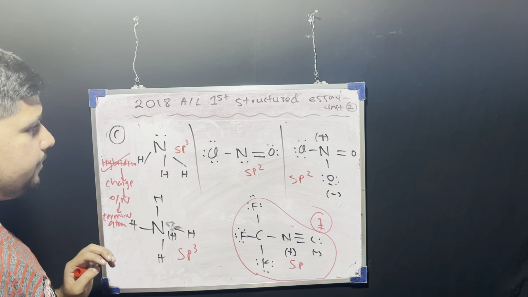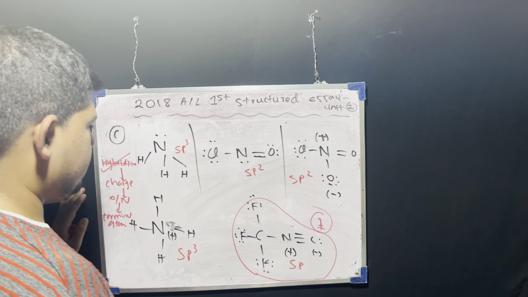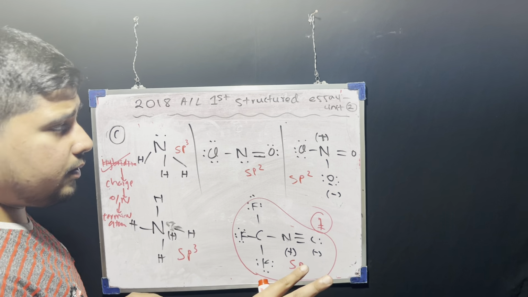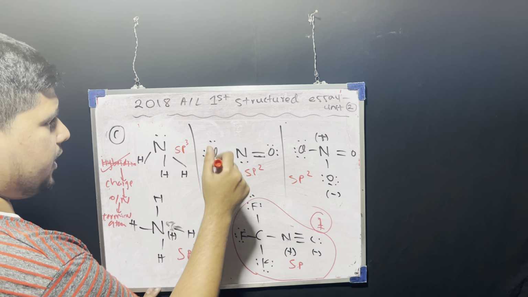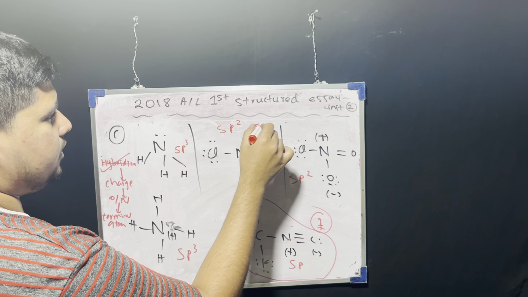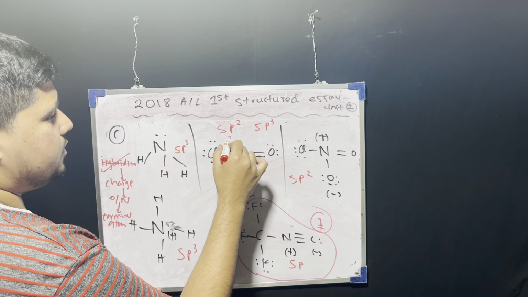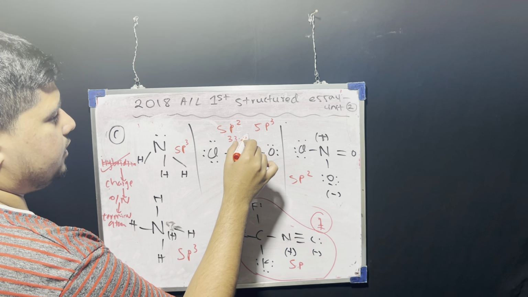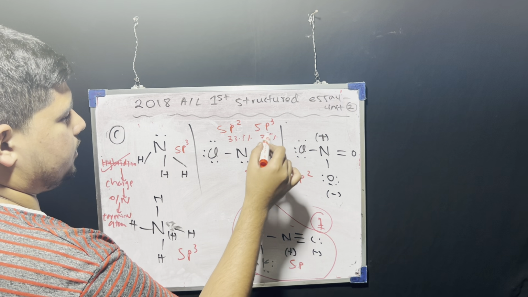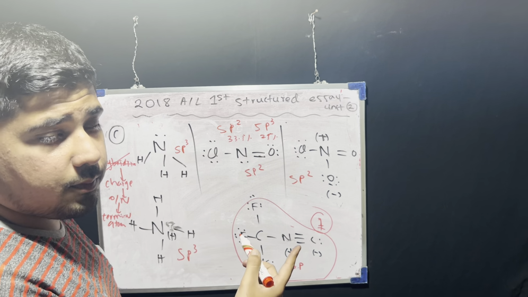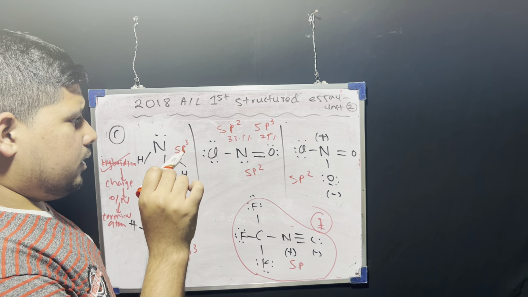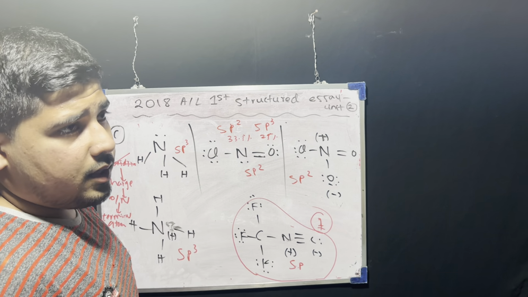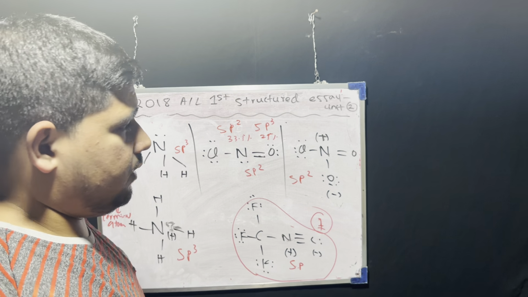Now we'll see the charge. What should be the second one? Either this or this, because when comparing sp2 and sp3, the percentage of s character is 33.33% versus 25%. So the nitrogen with sp2 hybridization has the higher electronegativity.